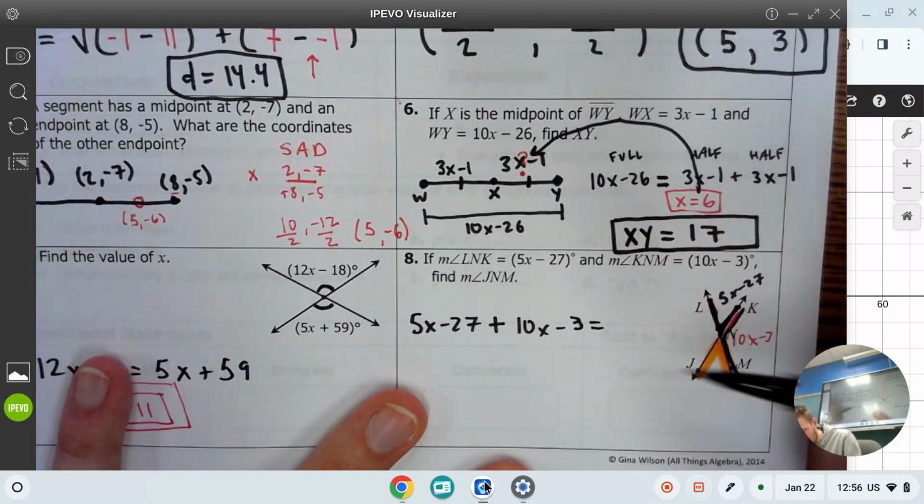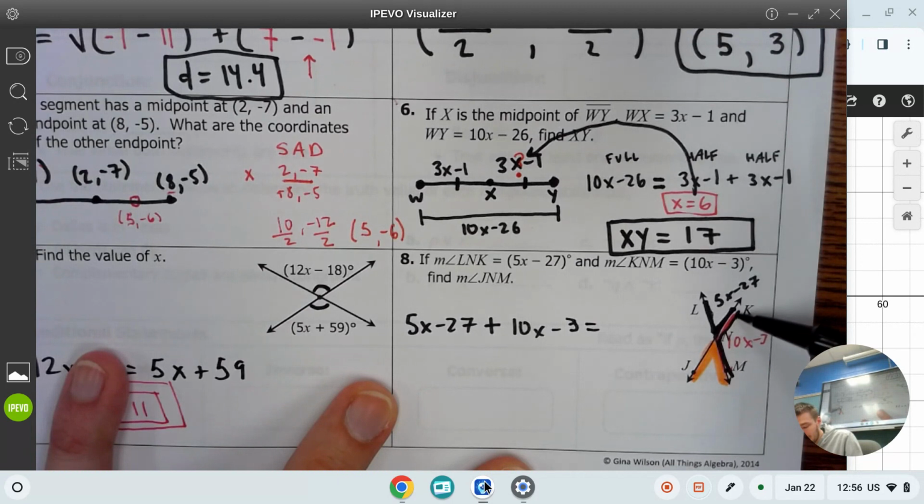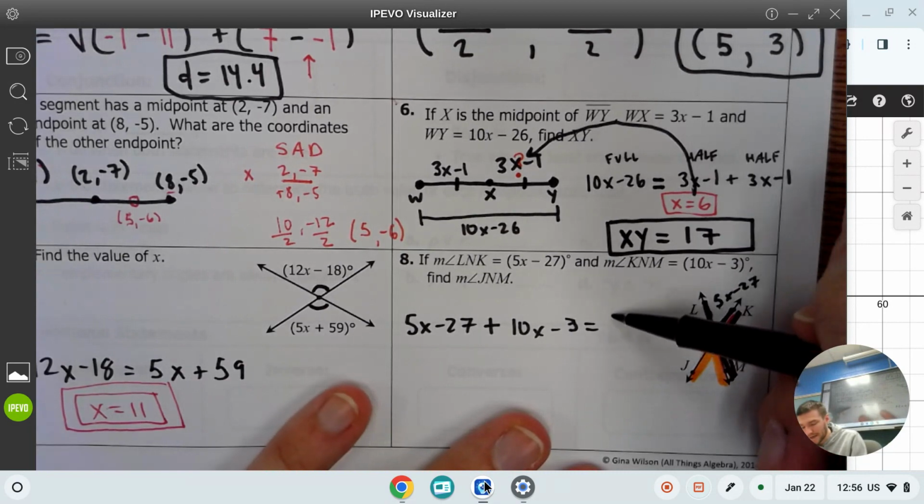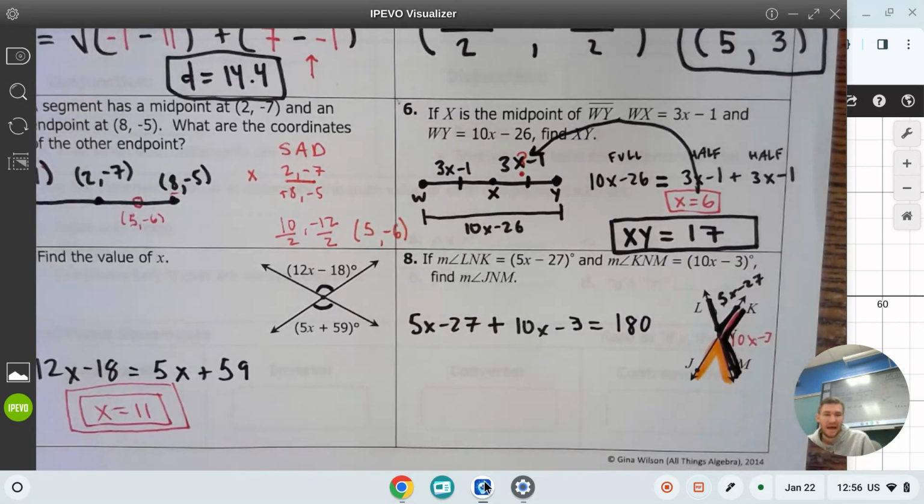And what is that going to be equal to? These two angles, which are supplementary angles, not vertical angles, but supplementary angles, are going to be equal to 180 when you add them together.